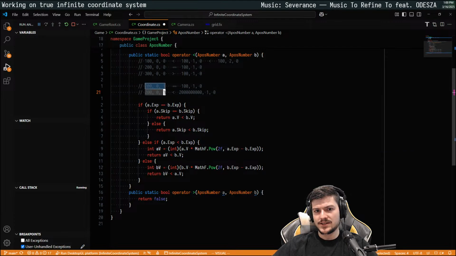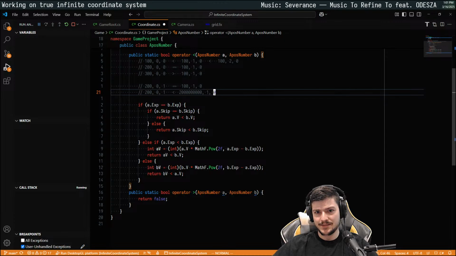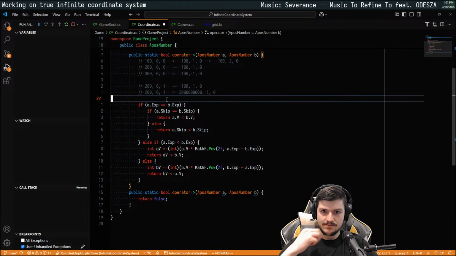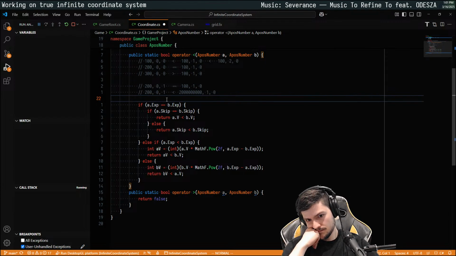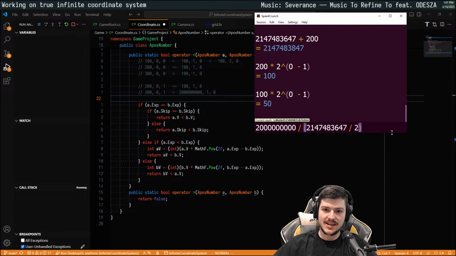And then if I do this, 1, can I convert this skip into a skip of this? Can I?